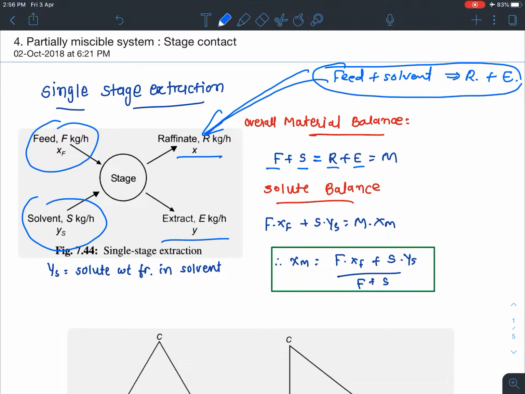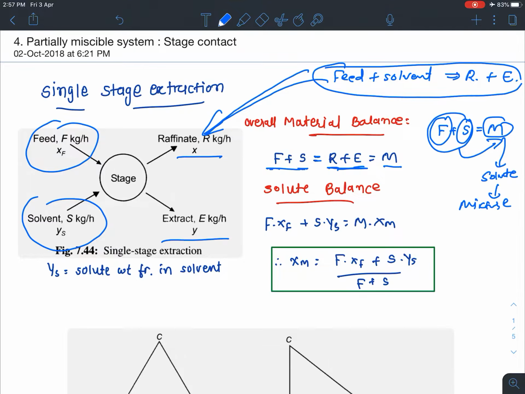This is the overall material balance, and based on the mixture rule, F plus S is equal to M, which is equal to R plus E. We already discussed the mixture rule, or lever arm rule: F plus S equals M, which means that when we add our feed and solvent, we will have some mixture. In that mixture we would have some composition of solute. This is the basic principle of the mixture rule.